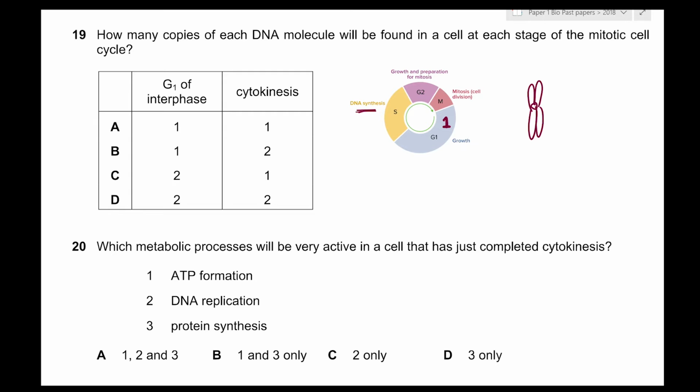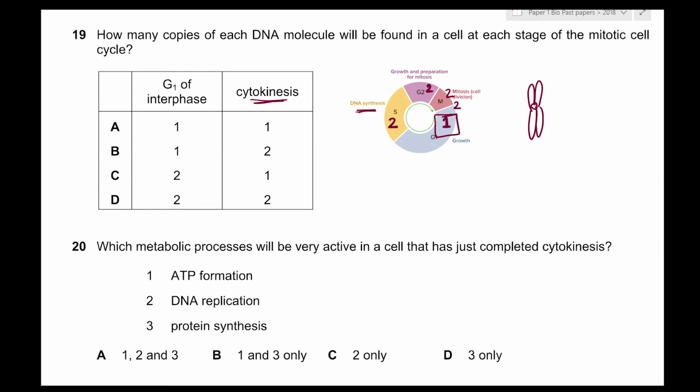That copy is duplicated. Therefore, in S phase and anything that comes after the S phase, G2 is also duplicated and has 2 copies of DNA up until the end of cytokinesis. So G1 only has 1 copy of that DNA molecule.